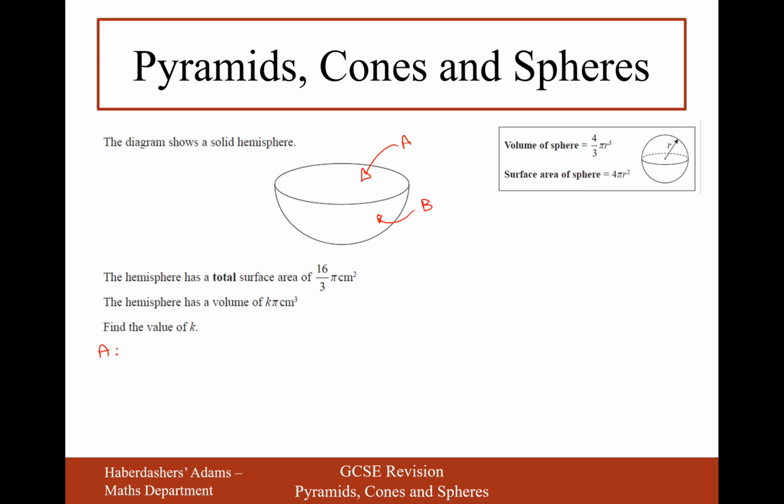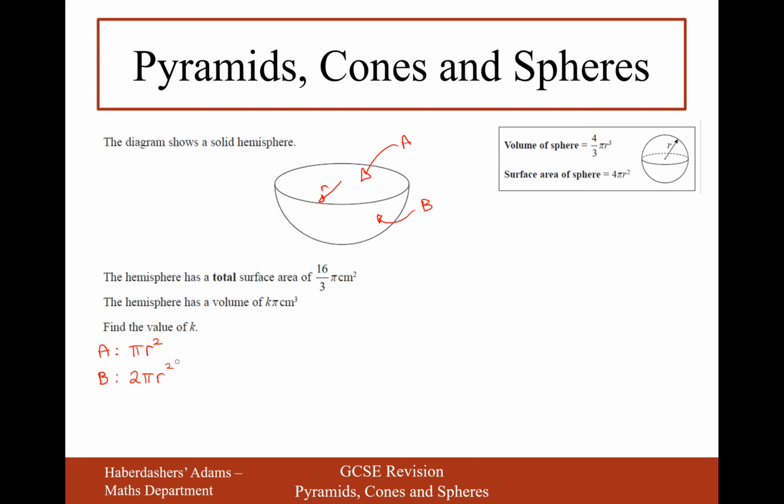We don't know what the radius is, so I'm just going to refer to the radius as r. So it's going to be pi r squared as the area on the top. Then on the bottom, for part B, the surface area is going to be 2 pi r squared, because it's half of a total sphere, because it's only a hemisphere.